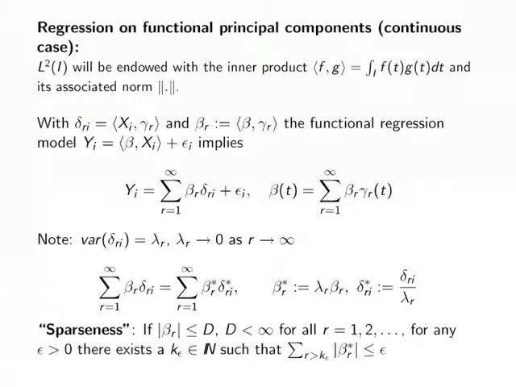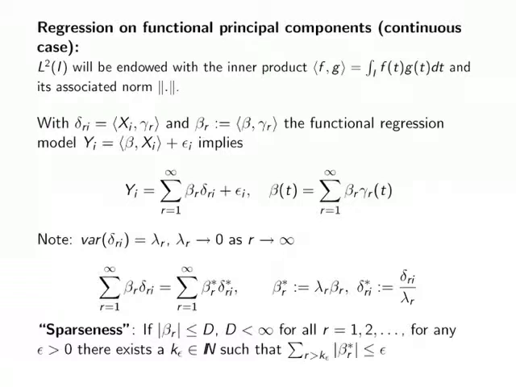And if you renormalize, because the deltas here will have variance lambda r, and lambda r will be small, and so if you bring all regressors on the same scale, it means that you rewrite this thing with a delta r star, which is delta r over lambda. Then the delta r star has variance 1.